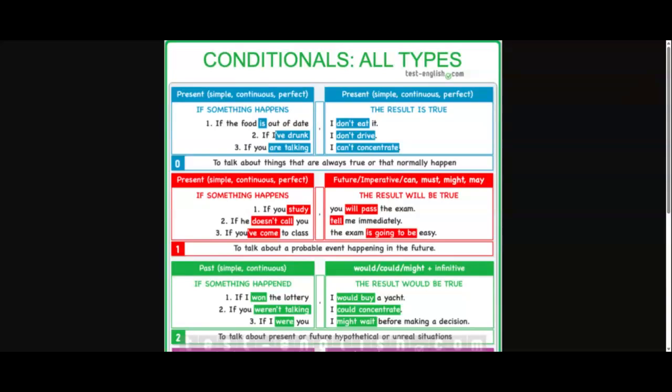Conditionals are one of the most difficult subordinating relationships because we need to understand that the condition cannot be alone. The main sentence can go alone because we can delete the conditional part, the if clause, and the main sentence is going to be okay because it has a complete meaning.